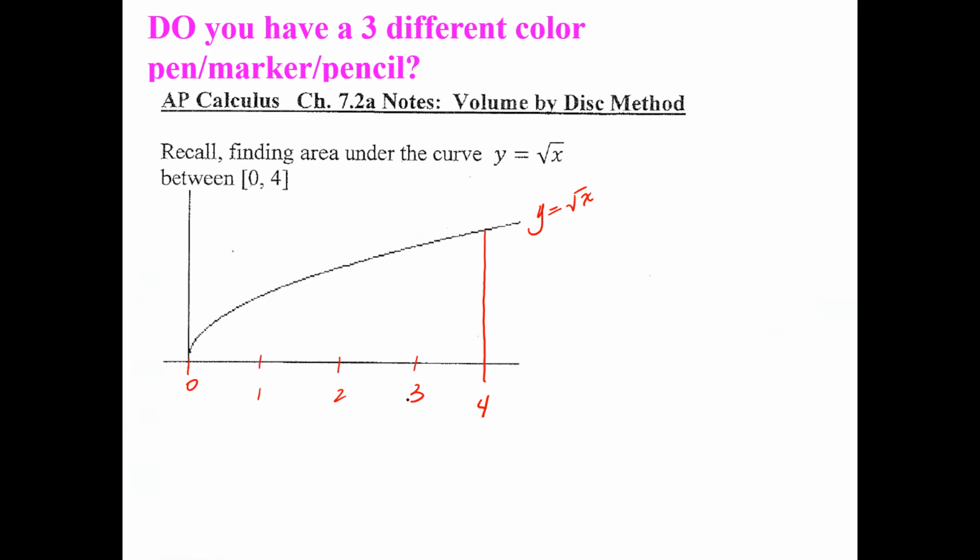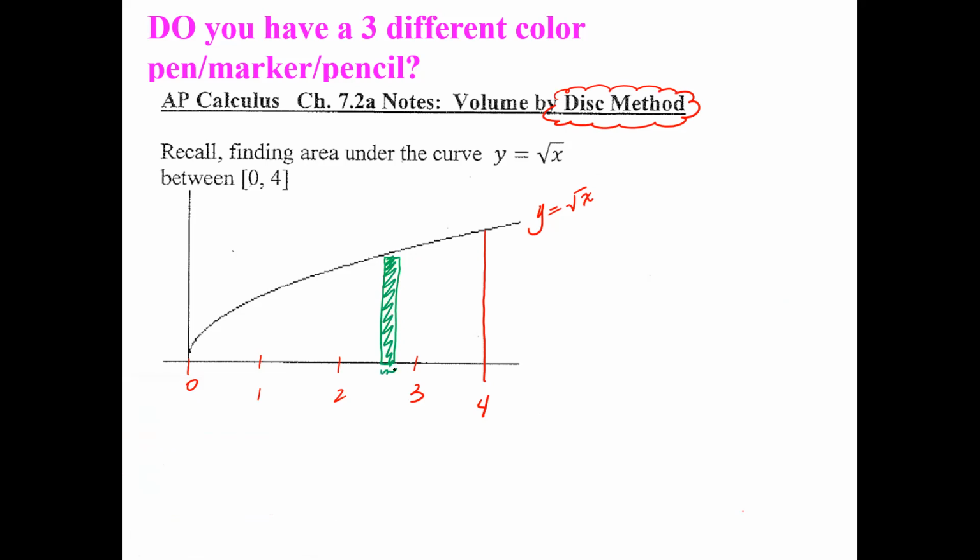If you're going to find the volume, and this is actually the disk method, we're going to try to create a disk. Looking at this part right here, essentially you are going to have a rectangle like so.